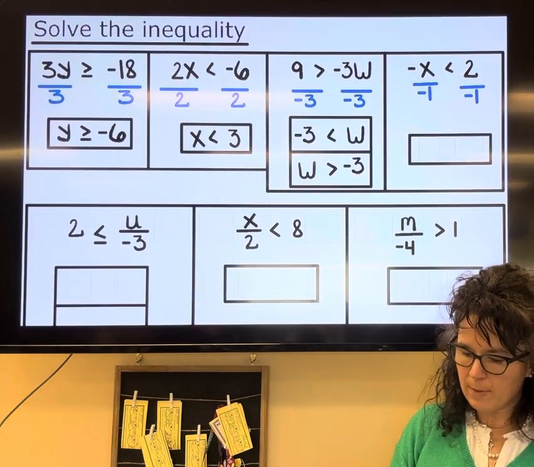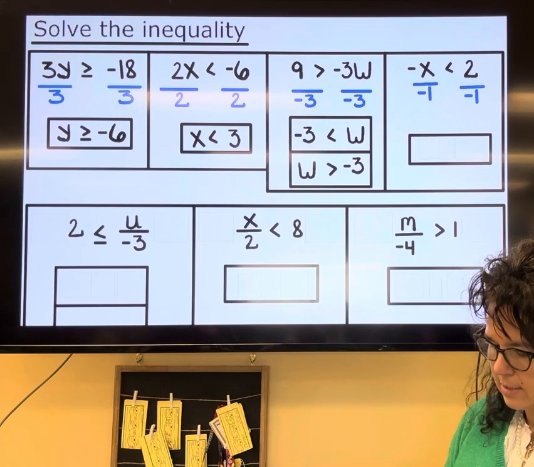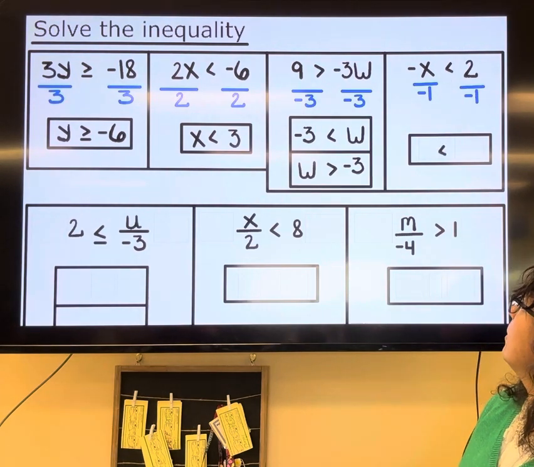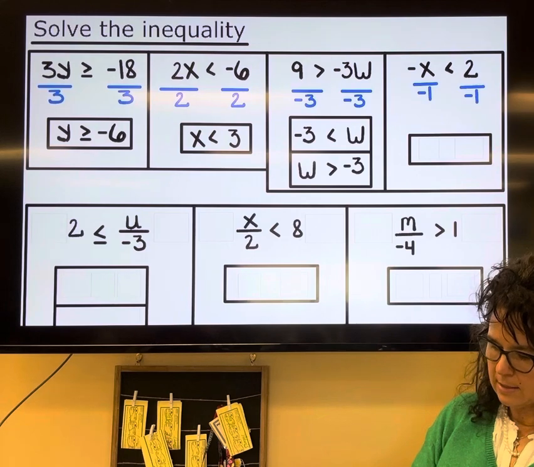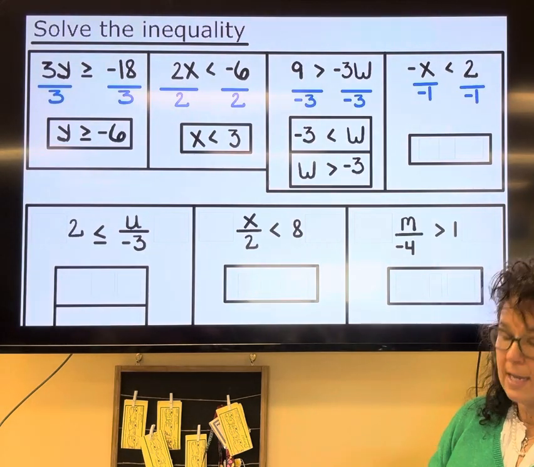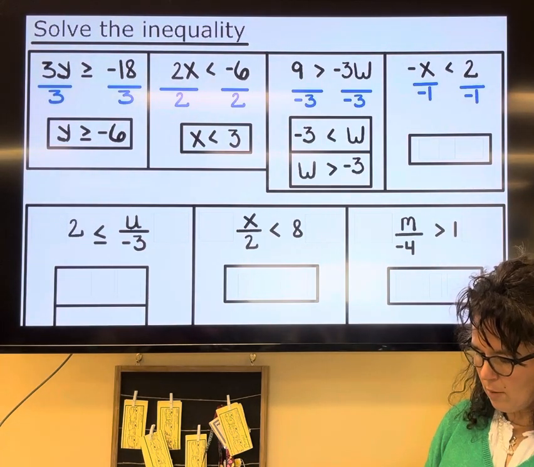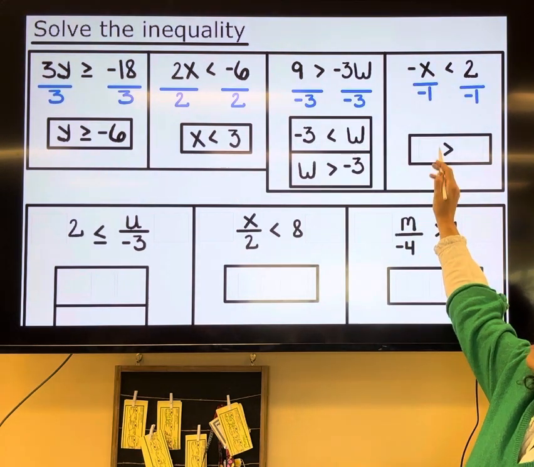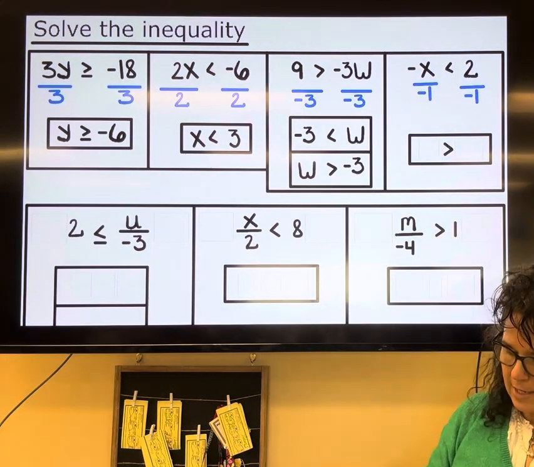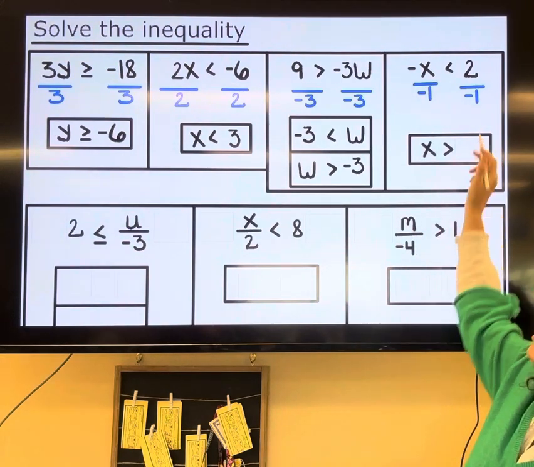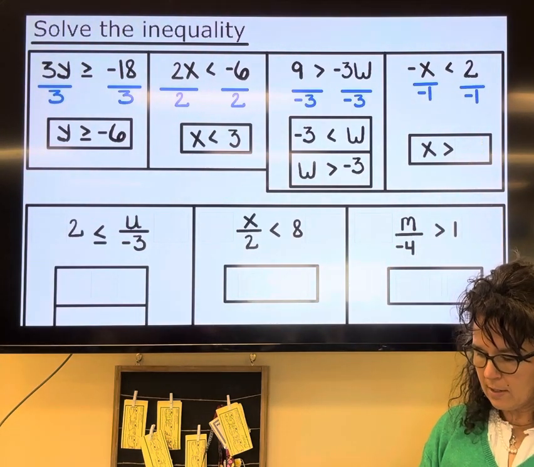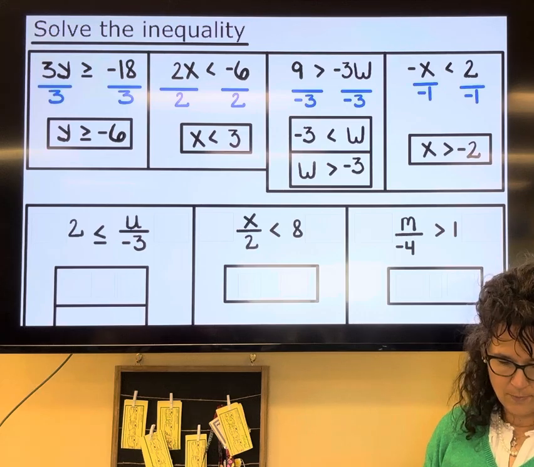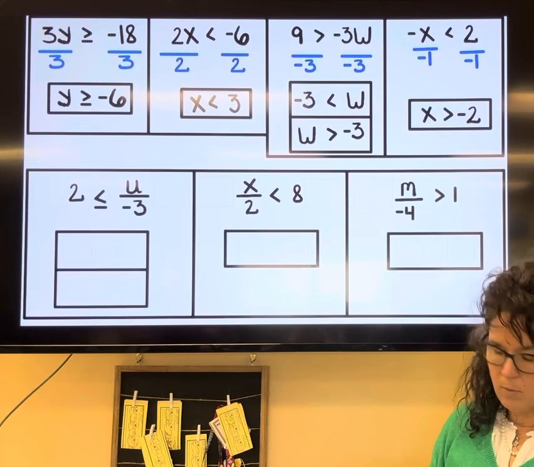I'm not going to be able to just bring this symbol down because I'm dividing by a negative number. So I'm going to flip this over because I divided by a negative. And then dividing by negative 1 got the x by itself, and 2 divided by negative 1 is equal to negative 2.